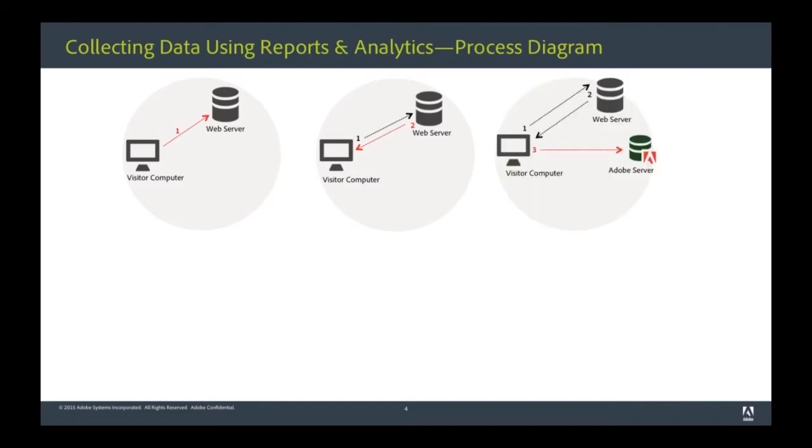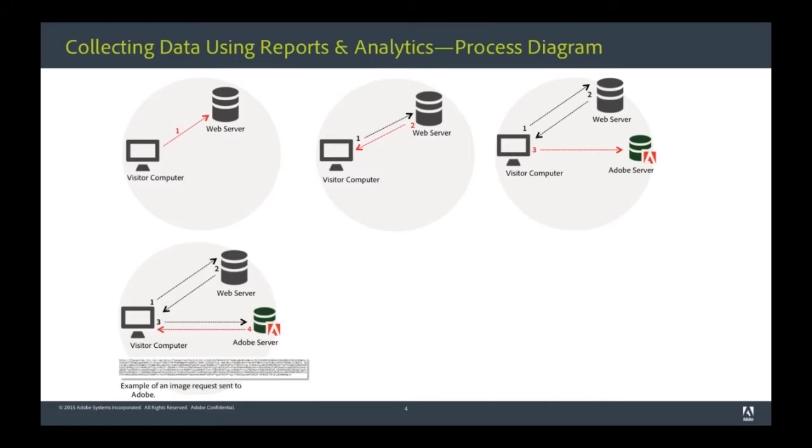As the page loads, the Reports and Analytics code on the page makes an image request to the Adobe server. Embedded in this request are specific analytics variables and values unique to that page. We call this a web beacon. Adobe then returns a transparent pixel image back to the page.